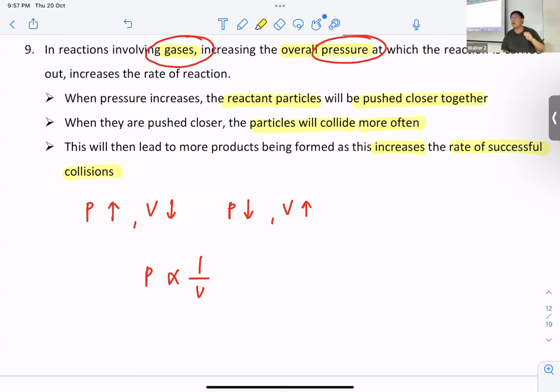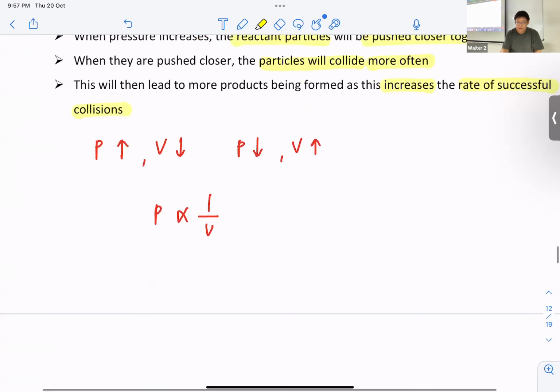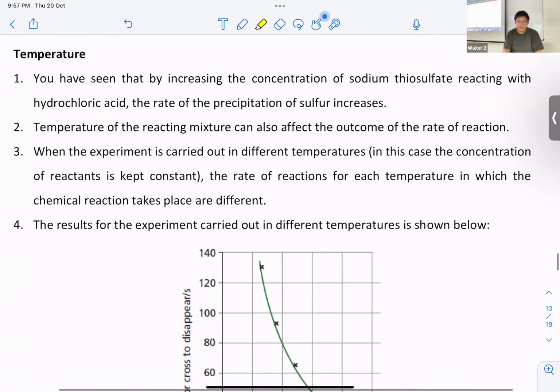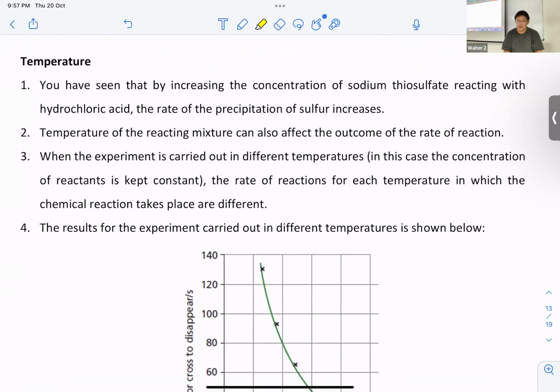So how many factors are there already? Surface area, concentration, pressure. Right? Very easy, right? Okay. The next one is the fourth factor, which is temperature. Okay? For temperature, we're going to use back the same reaction. Right?